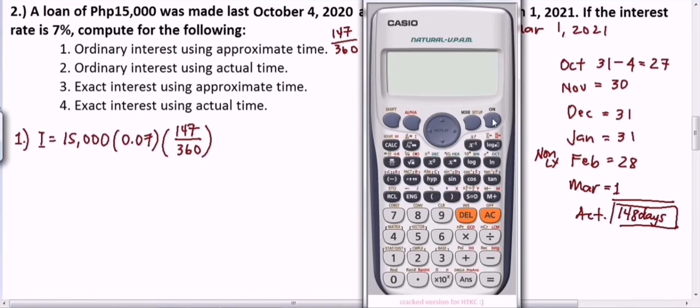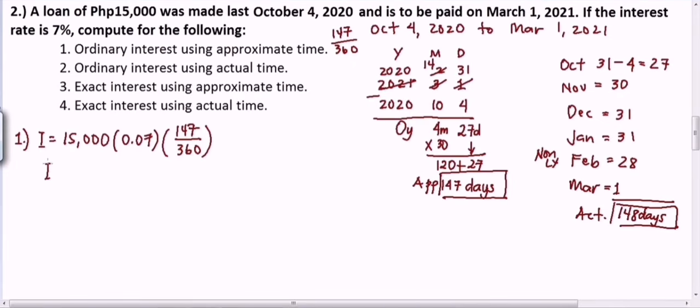Okay, so 15,000 times 0.07 times 147 divided by, diretso lang yan guys sa calcu, 360. So the answer is 428.75. So that is the answer in number 1.